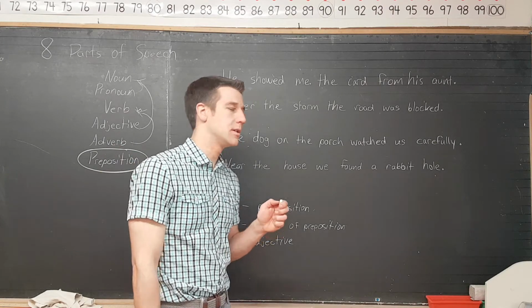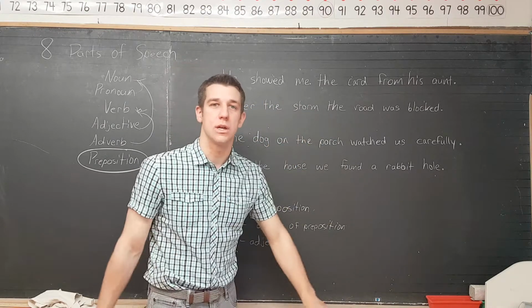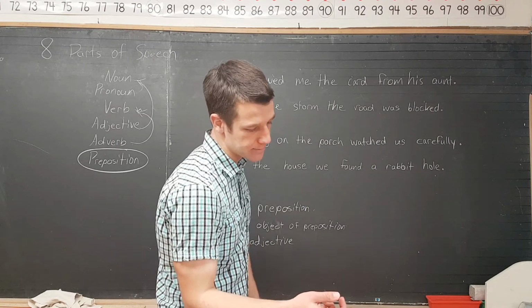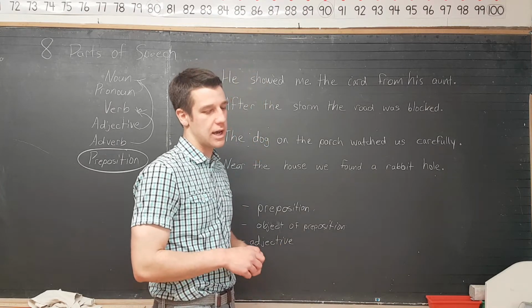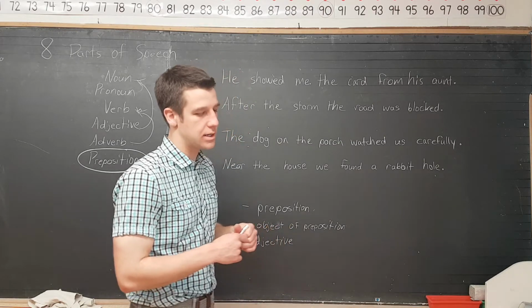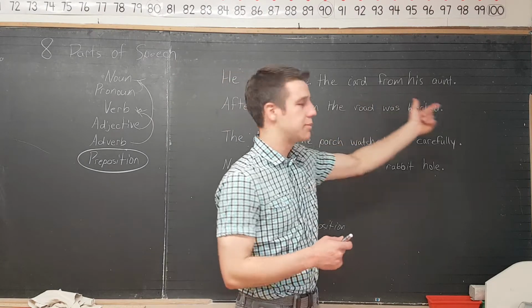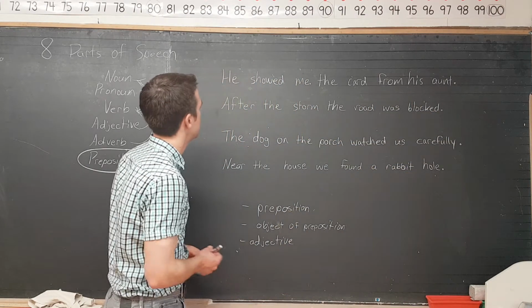It's part of the phrase. So, he showed me the card from his aunt. Do you see a preposition in that sentence? Look at your list. Is there any word in there that is a preposition? And that's why it's important to memorize them, because you can look at this and quickly pick it out. Do you see it?